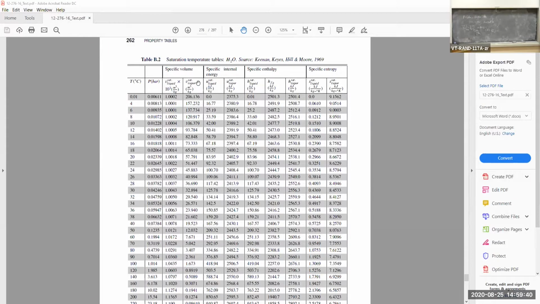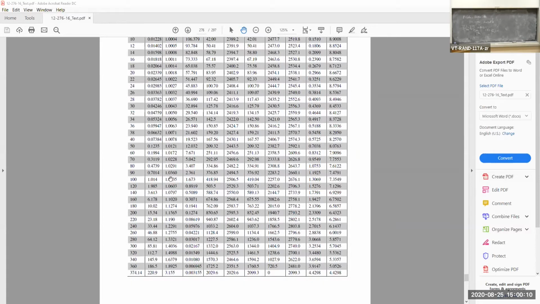There's specific volume. Saturated liquid specific volume times 10 to the 3. It has units of cubic meters per kilogram. Saturated vapor specific volume, cubic meters per kilogram. Notice it's 10 to the 3 here. That means whatever numbers are in this column, the saturated liquid specific volume times 10 to the 3 is equal to this number, okay?